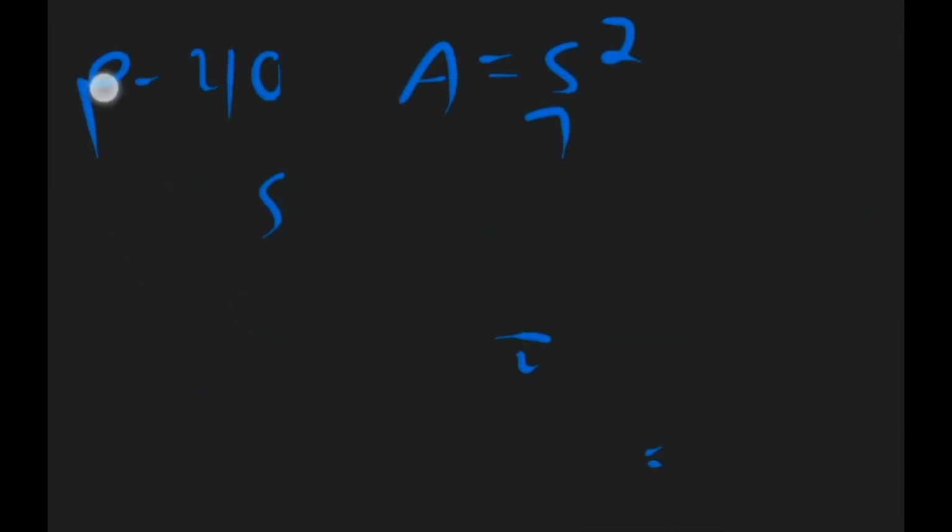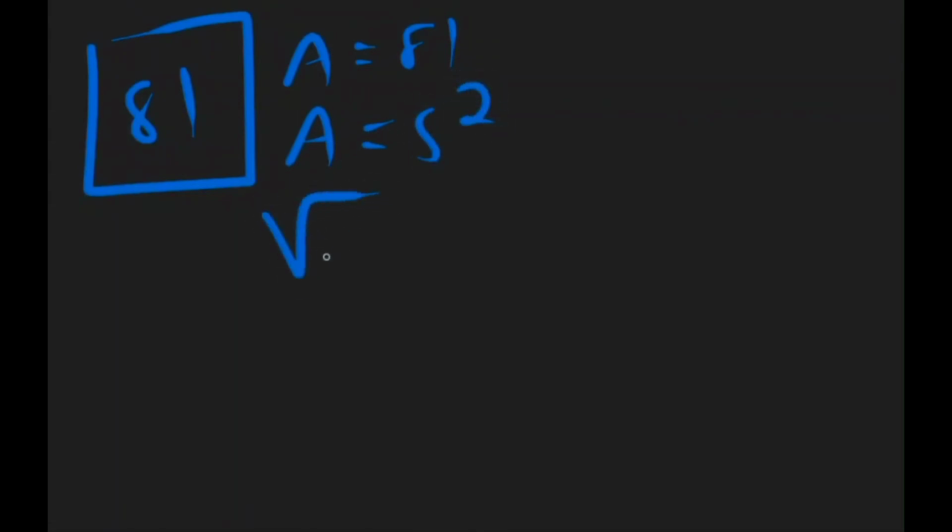The other type of problem we have today is if you're given the area of the square, how to solve for the perimeter of the square. So we're going to say that the area of the square is 81. So since the area is 81, solving for the side of the square would be area equals side squared.